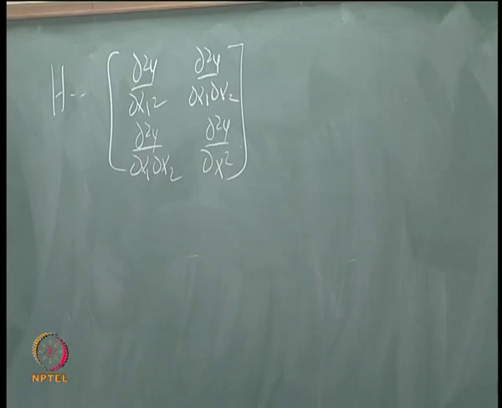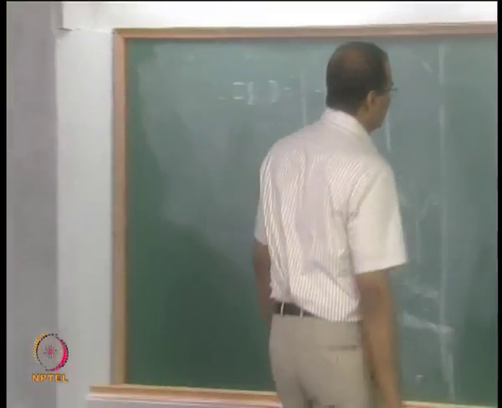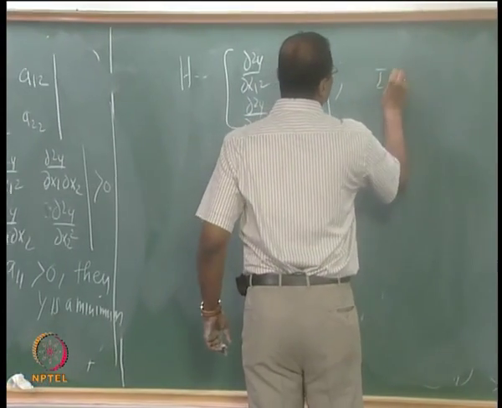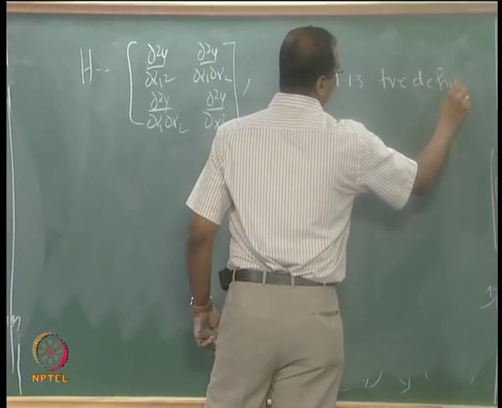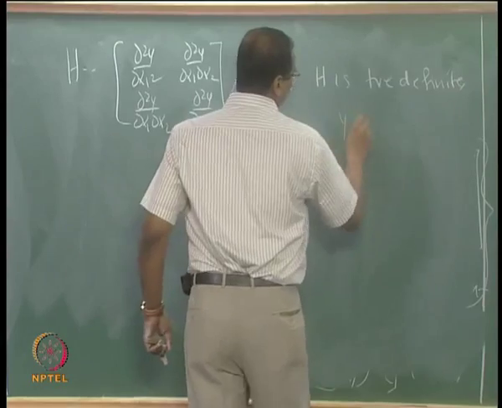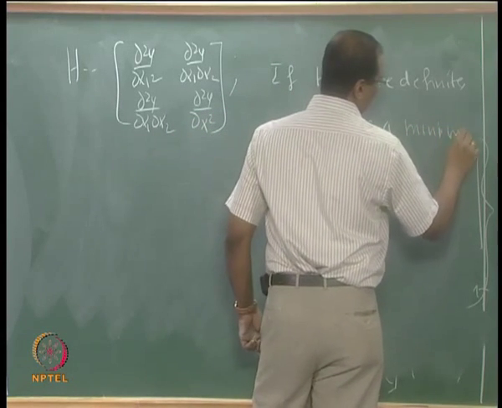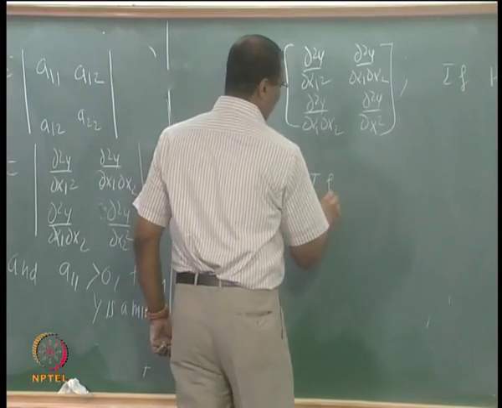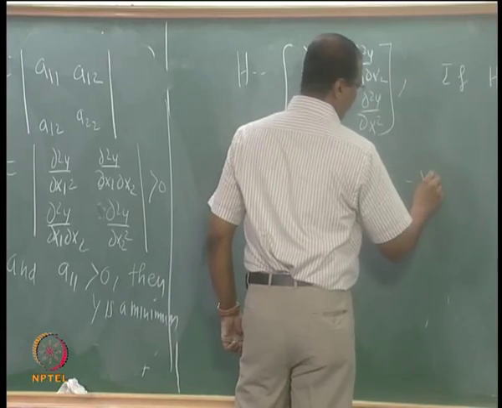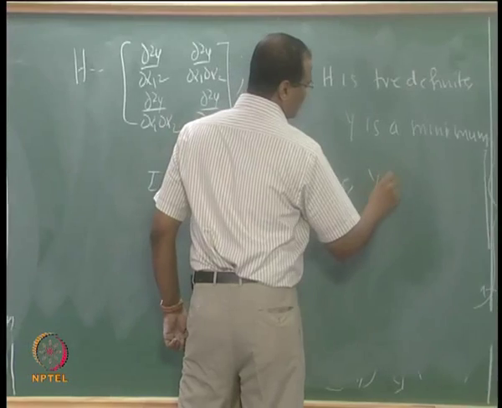If the determinant is greater than 0 and A11 is greater than 0, H is called a positive definite matrix. So, if H is positive definite, Y is a minimum. If H is negative definite, Y is a maximum.